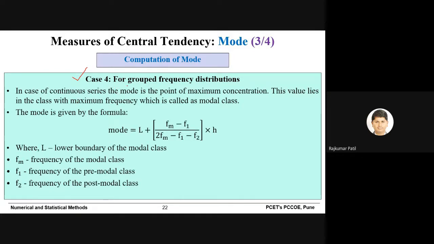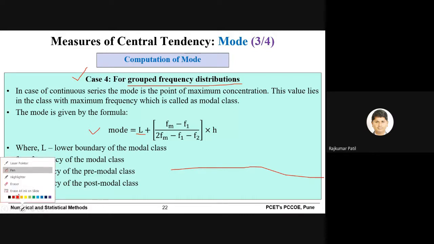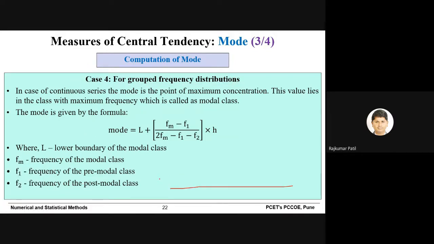When a grouped frequency distribution is there, we will use this formula to calculate the mode, where L is the lower boundary of the modal class, because it will have some range. For example, if this is the range distribution, then here you can see the maximum frequency, and this is the lower limit.